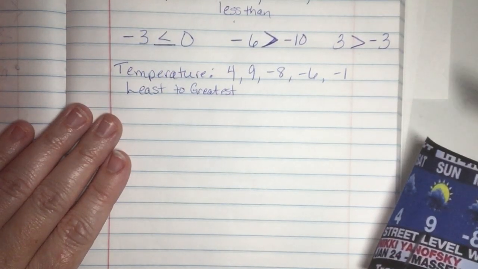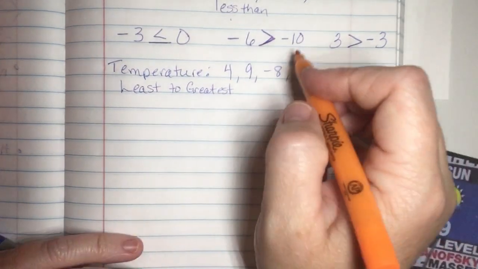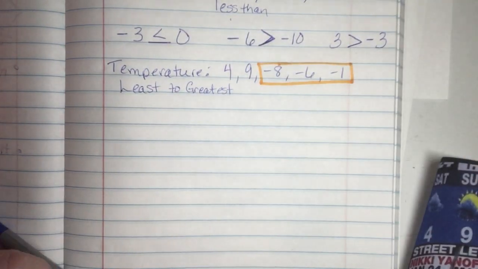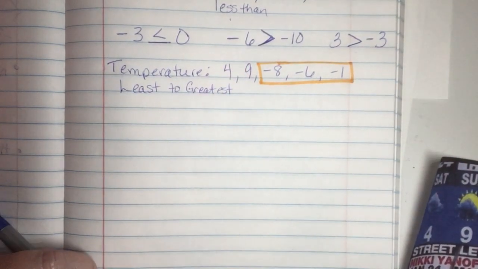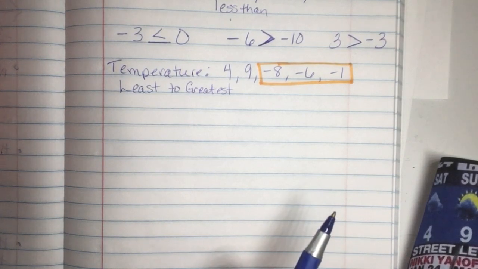So which numbers are smaller, positive numbers or negative numbers? Yep, negative numbers. So we're going to look at these negative numbers first. And we're not even going to pay attention to those. We're going to put these in order from least to greatest.